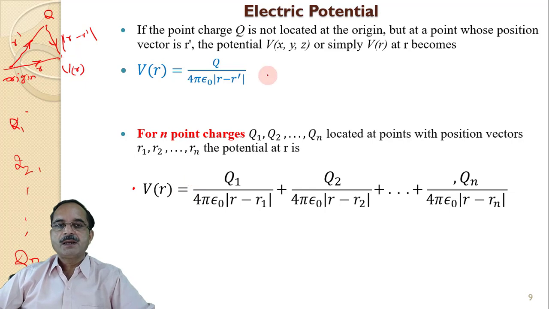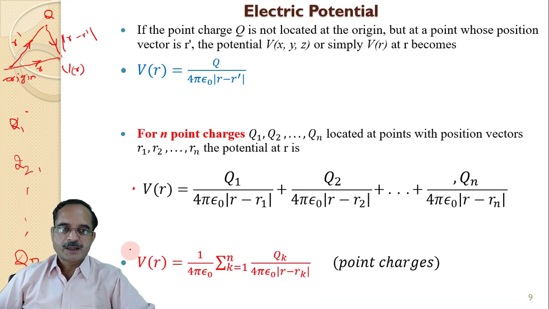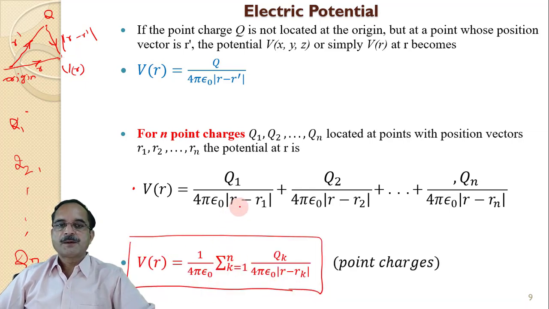As you have seen in the case of Coulomb's law, the superposition principle is applicable here. This can be written as a summation, with 1 upon 4 pi epsilon 0 taken outside, k equal to 1 to n, qk upon 4 pi epsilon 0 |r minus rk|. So this is the potential because of point charges.